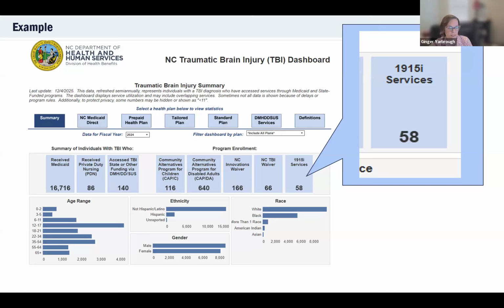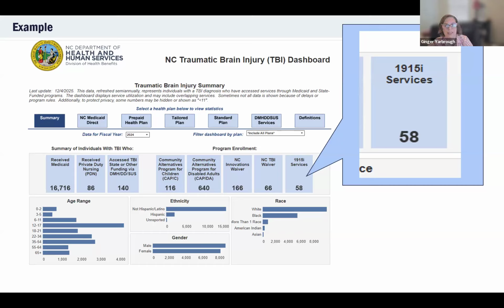Now, earlier when I said about the standard plan having 11,000 individuals with TBI versus the 16,700 on Medicaid, that's where we're starting to see maybe some of this is because of that. So if you're on the standard plan, you don't necessarily have access to 1915I unless you transition.